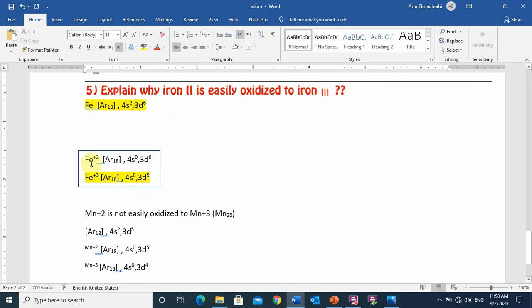So for the answer to this question, explaining why this is more stable or easier to oxidize into this: for Fe positive 3, you first write the electronic configuration, then you write because in iron 3 the orbital D is half full, and this means it has less energy and more stable.